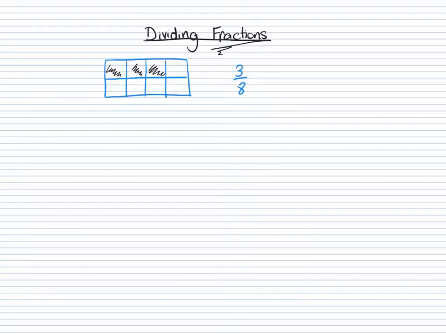Basically I'm asking you to look at those 3 pieces that I have and asking how many 1/8 pieces are in here, and you can clearly see there's 1, 2, 3 of those. So if you divide that 3/8 by 1/8, how many of those 1/8 pieces are in the 3/8? There are 3 pieces.